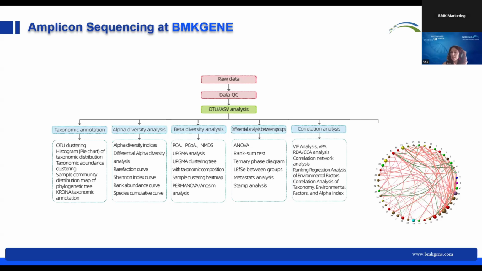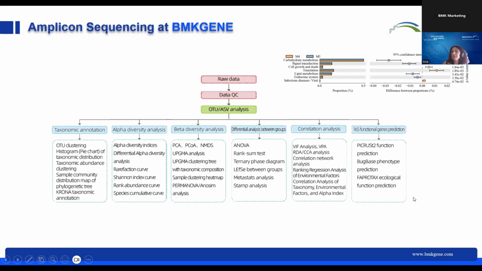In this section, there is also a part which is environmental correlation analysis, which is usually interesting for researchers that are doing environmental studies, because it might be interesting to try to correlate environmental variables such as pH, humidity, amount of heavy metals, organic load, etc., with the microbes that are present in your samples.